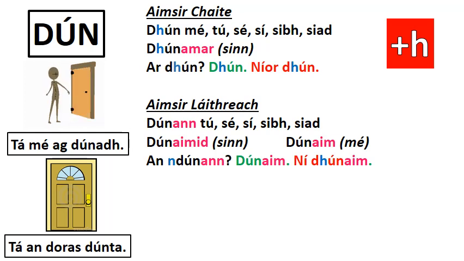And then our question word and our negative word are different now. It's an, and it gets an urú. An ndúnann, and then we'd answer with dúnaim or dúnann, depending on who was being asked, and ní dhúnaim, ní dhúnann. So we do have an h here, and usually when we're giving a negative answer, we do add an h. So ní dhúnaim.